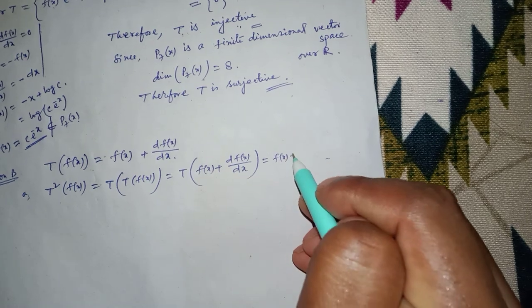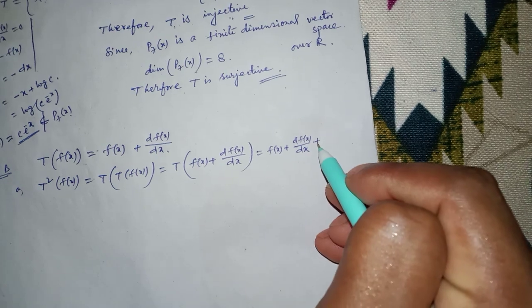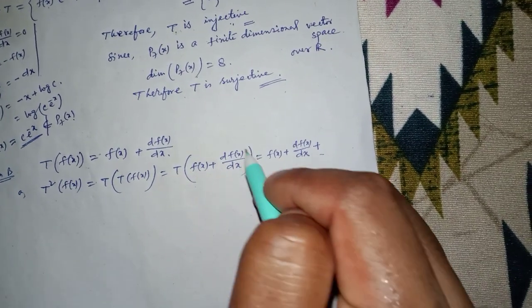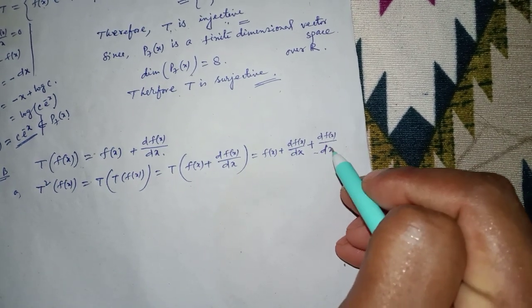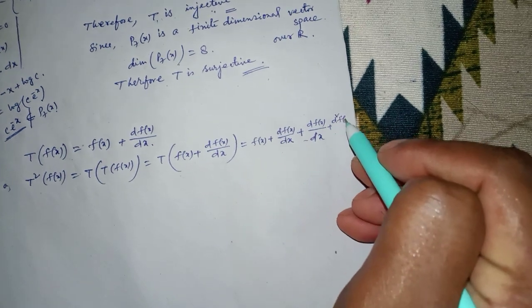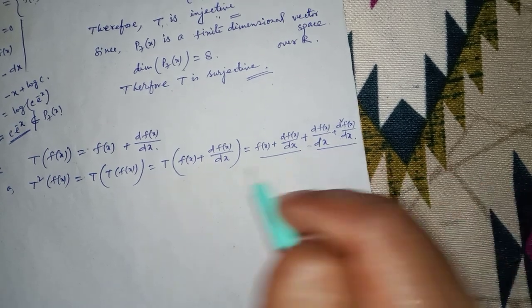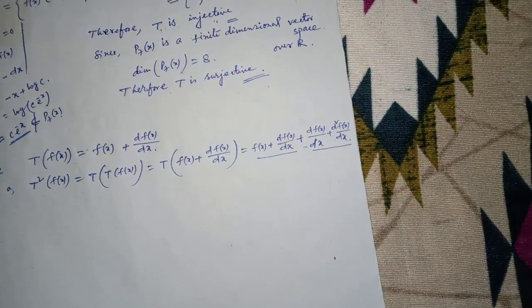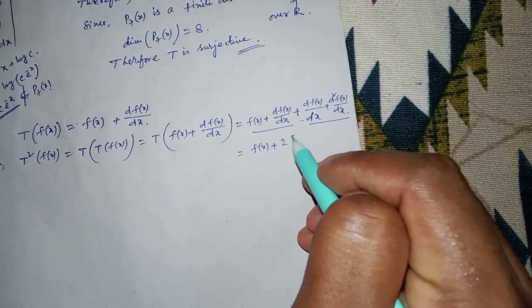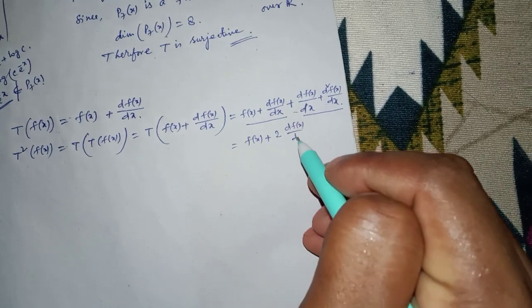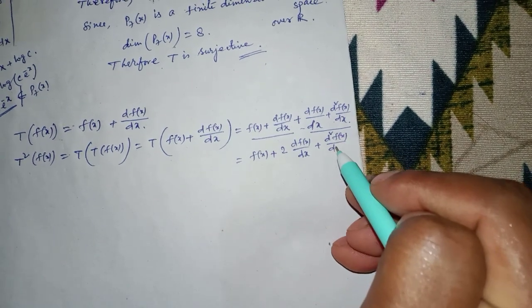So d of this means d f(x)/dx + d2 f(x)/dx2, the derivative of this. So we get f(x) + 2 df(x)/dx + d2 f(x)/dx2.